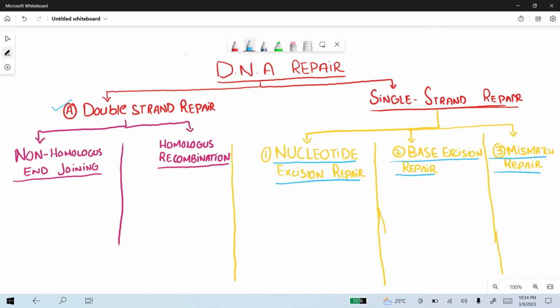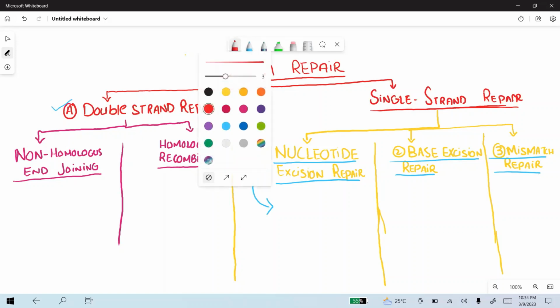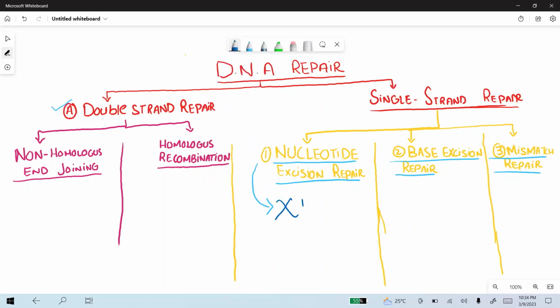I will discuss the mechanism of these single-strand DNA repairs in detail later. First, the clinical correlation: nucleotide excision repair is defective in xeroderma pigmentosum.